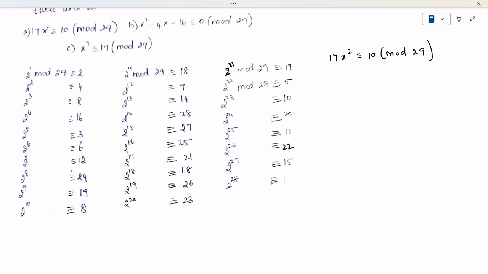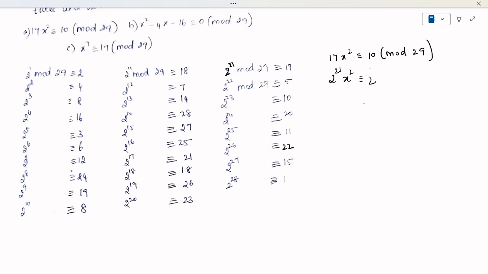What is 17? 17 is 2 to the power of 21 mod 29. So in place of 17, we are going to use the value 2 to the power of 21, times x square. Now 10 is equivalent to 2 to the power of 23 mod 29.